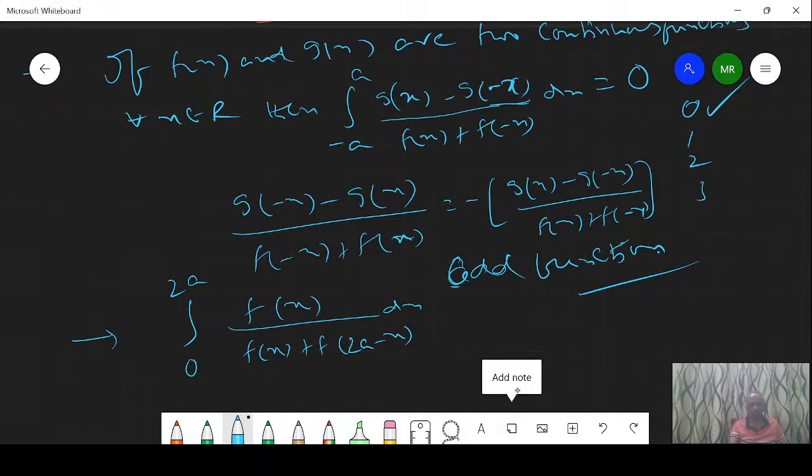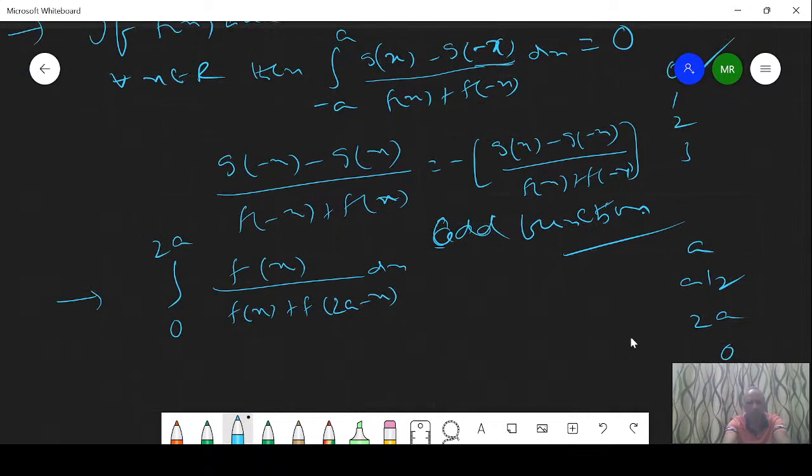See in this problem, the options they have given are a by 2, 2a and 0. Now you check this formula here. This is a simple problem.